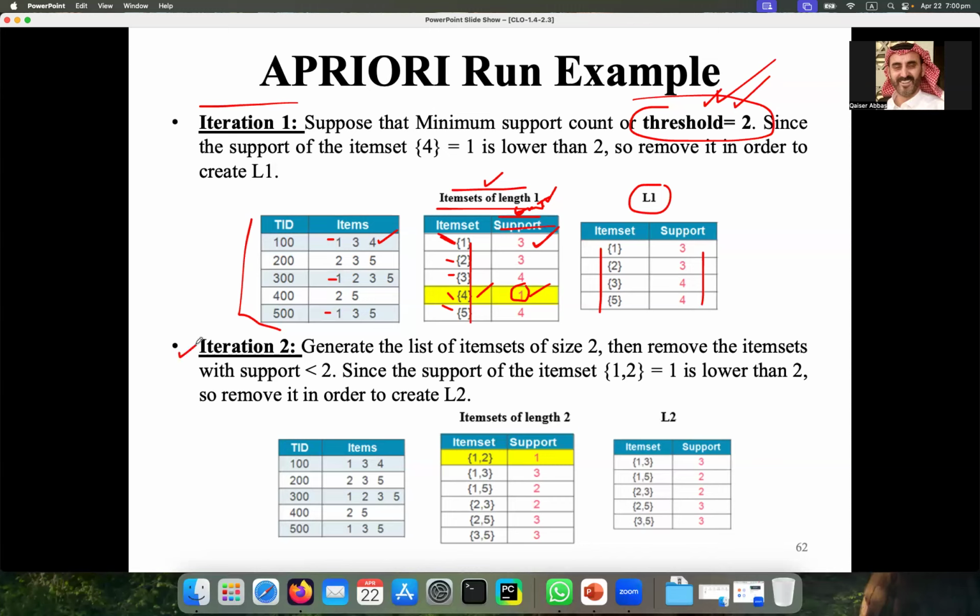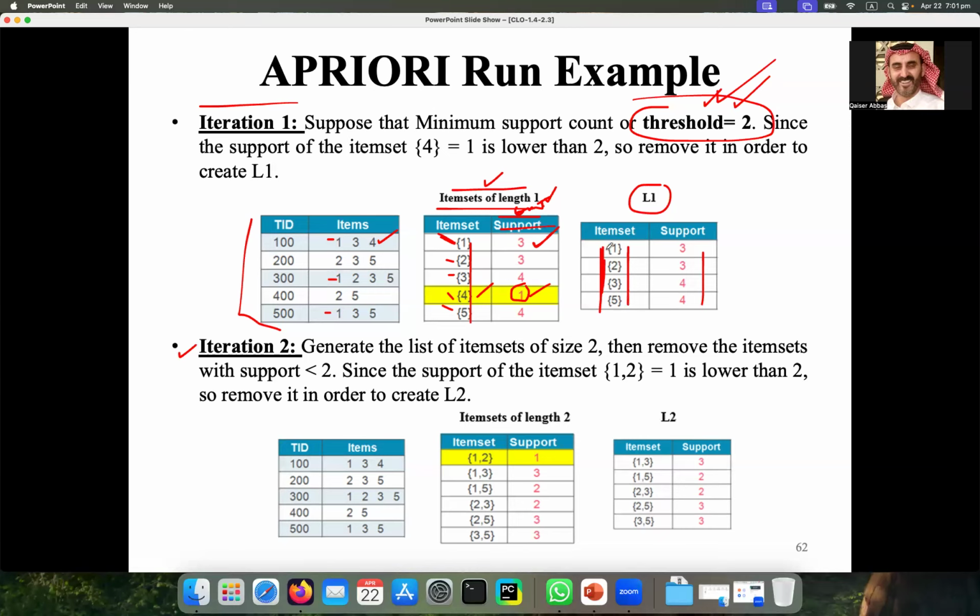Now, iteration 2. Generate iteration 2. That is the same step. Now, how many products are left? One, two, three, four. Now you have to make pairs of all these remaining four items, all possible pairs.